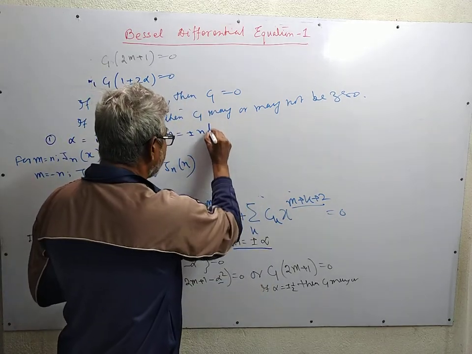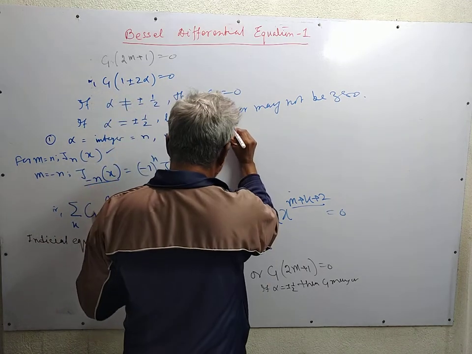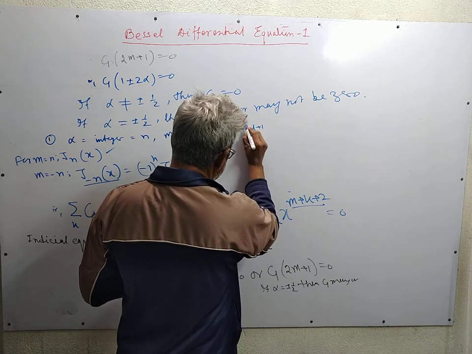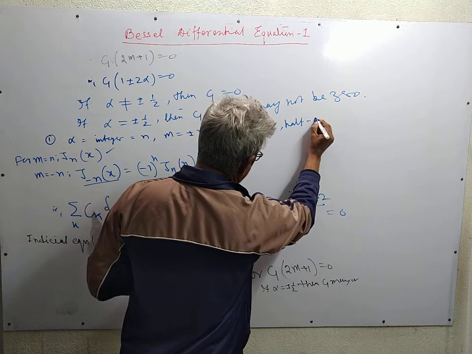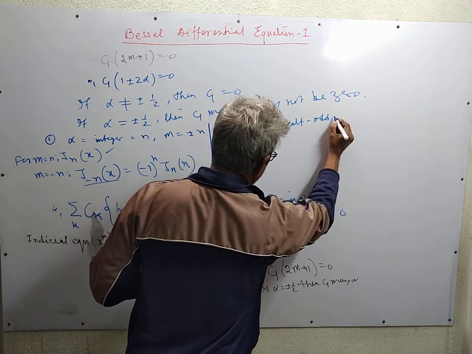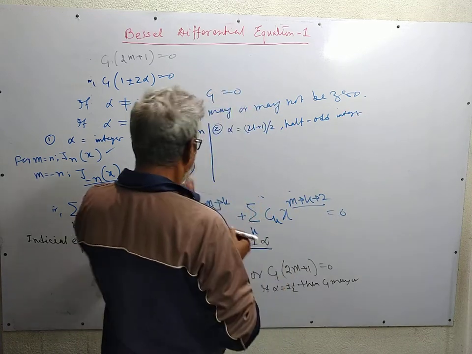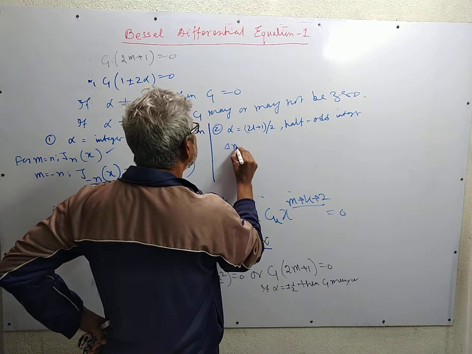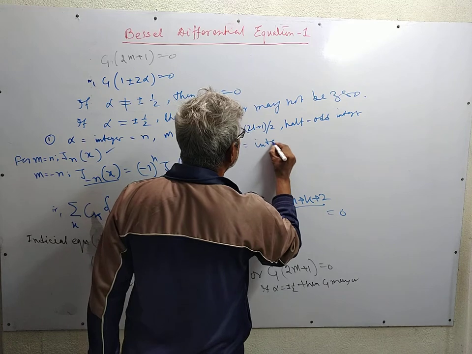The second point, if alpha is equal to a half odd integer, then the difference of the roots of the indicial equation is an integer.